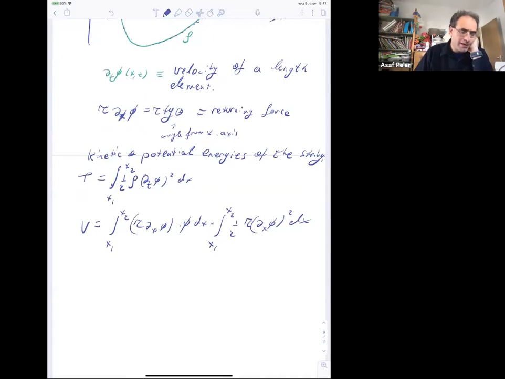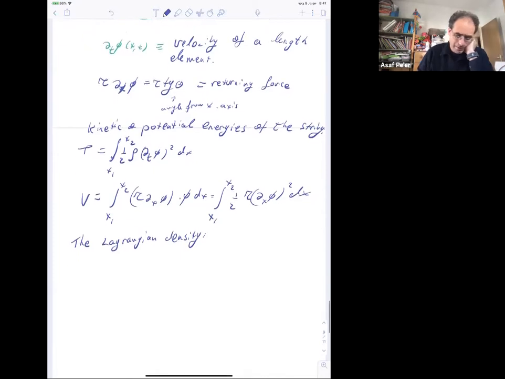So the Lagrangian density of this system, L, is 1/2 rho dt phi squared minus 1/2 tau dx phi squared.